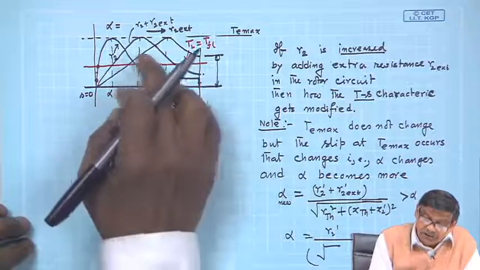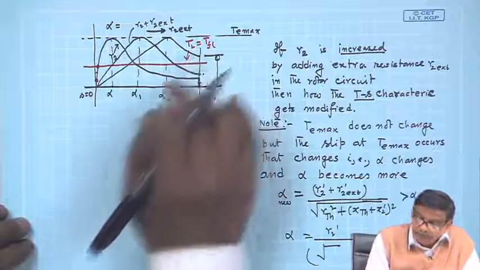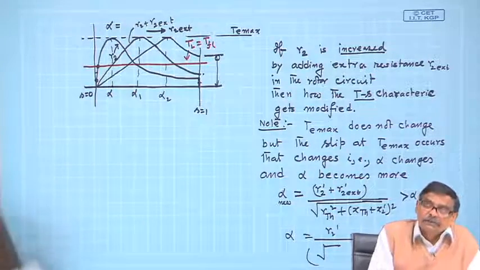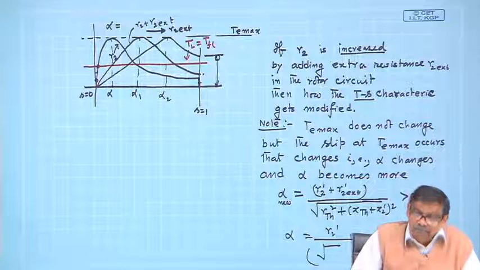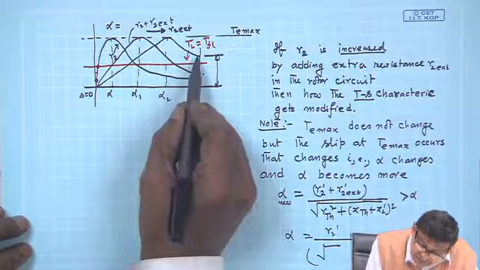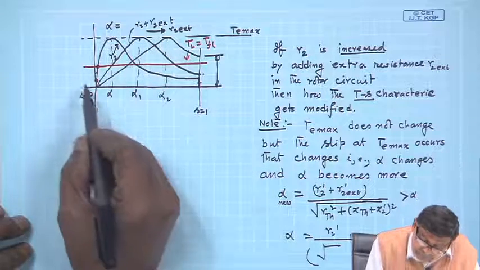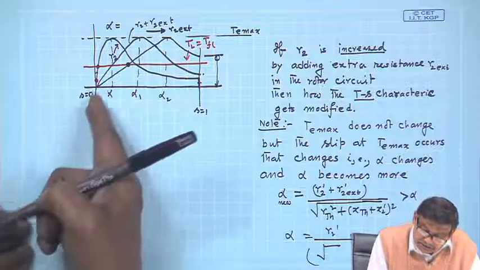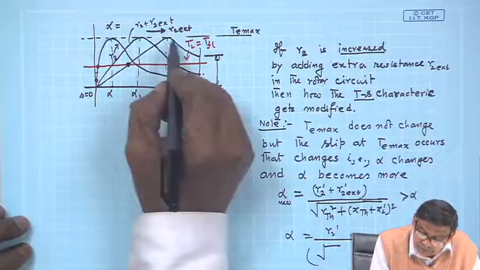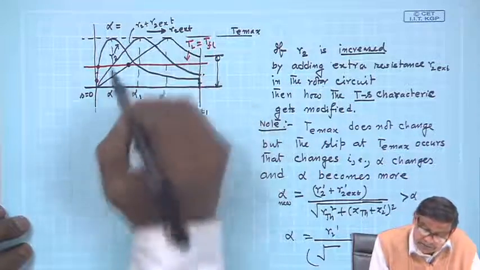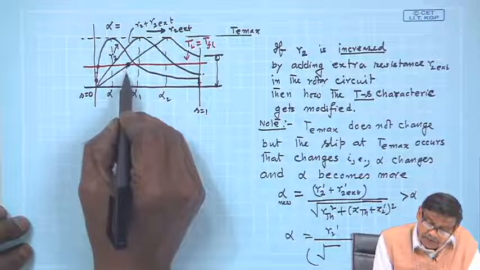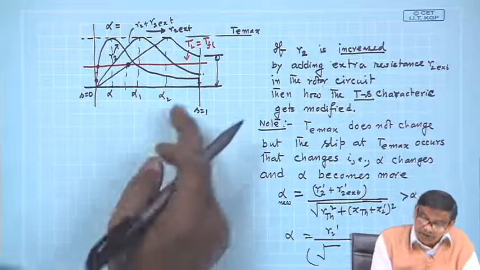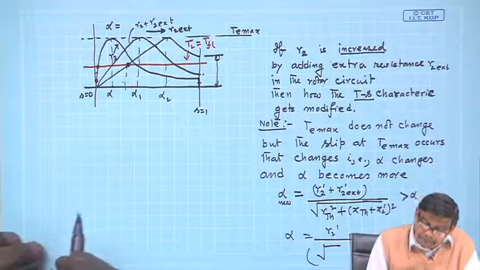If you now switch on the supply with the opposing torque present, then the machine will start, no problem. And it will settle down at this point, because this is the load torque characteristic with some R2 external present, and the machine will run at this speed, because that is the stable zone, only one point of intersection we are getting.